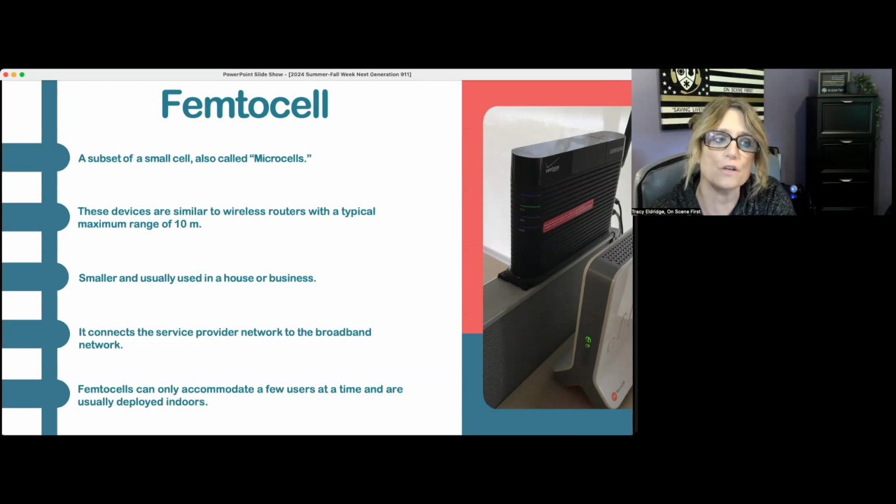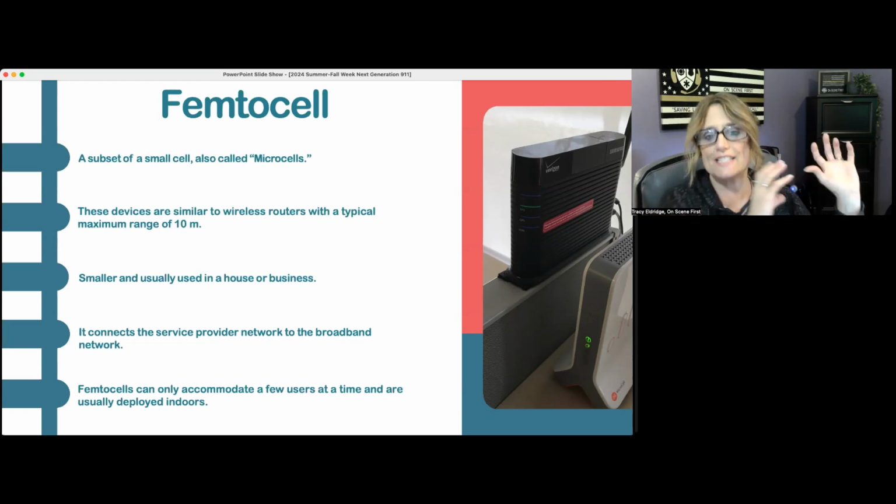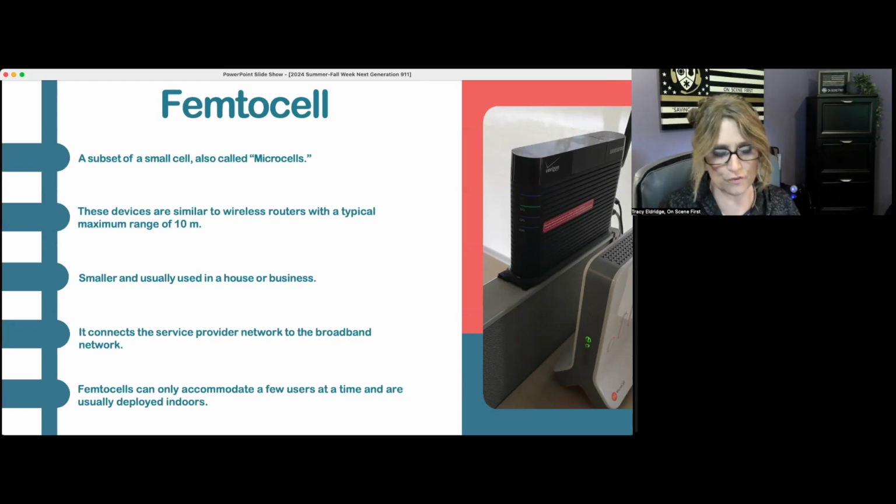These devices are similar to wireless routers with a typical maximum range of 10 meters. Now, why do we use meters in 911 stuff? I have no idea. They're smaller and usually in houses or businesses. It connects the service provider network to the broadband network.